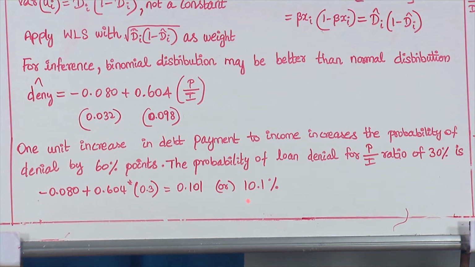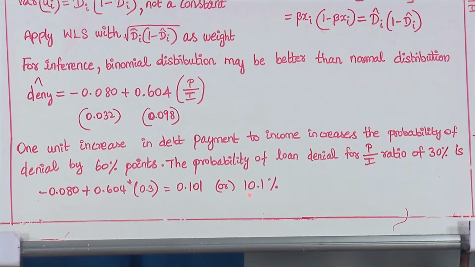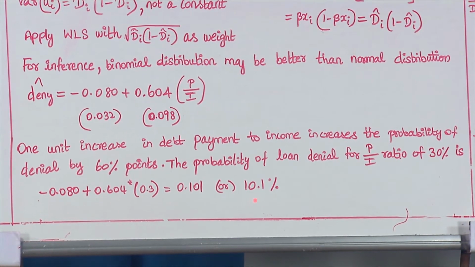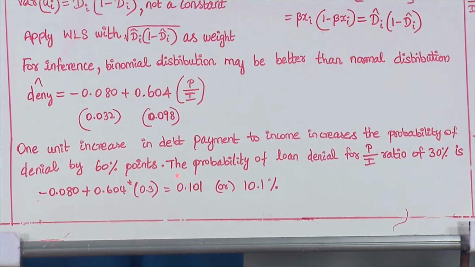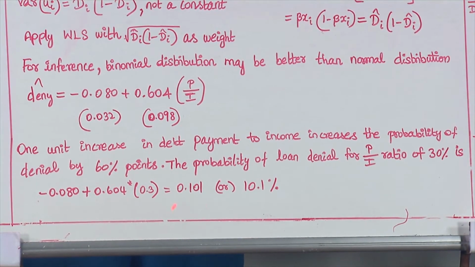So, the denial probability could be 10.1%. So, the more the percentage, the more will be the denial ratio. So, this is how the model is estimated, and this is how the model can be interpreted.